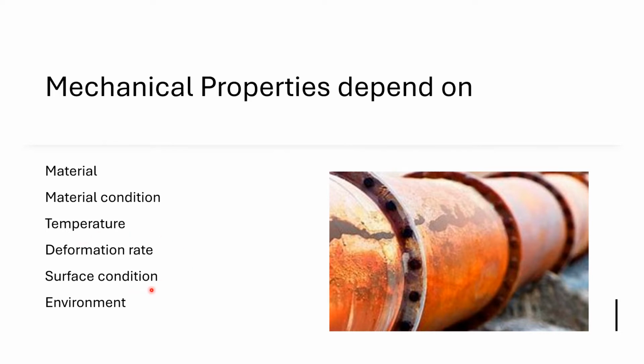And of course, our environment is something you can't get rid of because we are in it, okay? All of your material, all of your manufacturing processes, all of your technology, machinery, everything is in the environment, yeah? Again, all of this is really important, and that's what mechanical properties depend on.